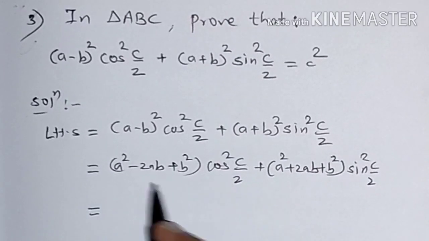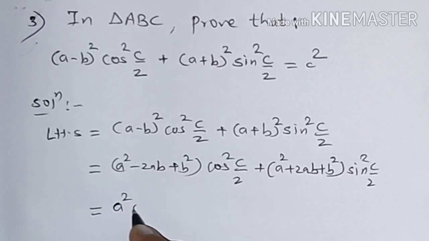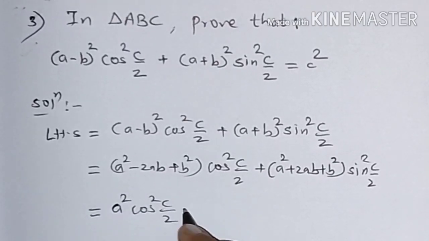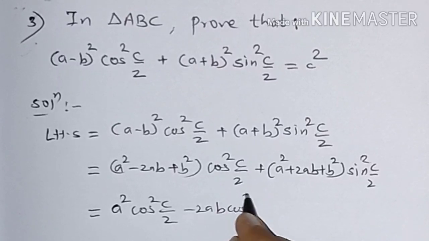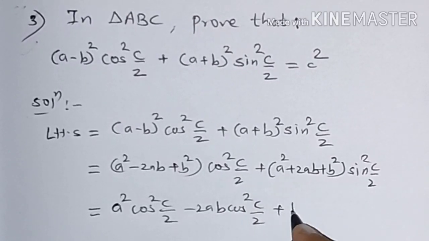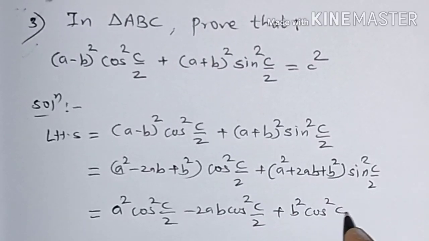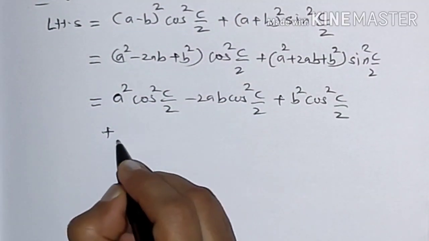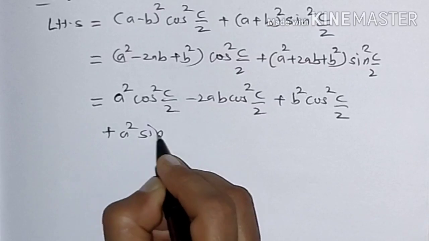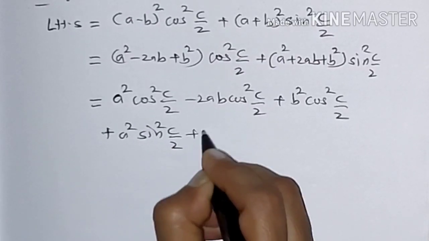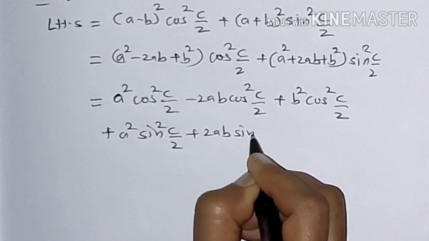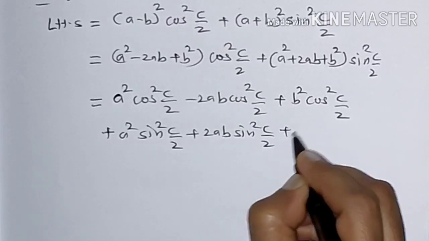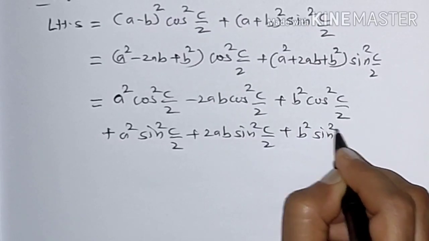Now open up these brackets. So a square into cos square C by 2 minus 2ab into cos square C by 2 plus b square into cos square C by 2. When we open the second bracket, we will get plus a square into sin square C by 2 plus 2ab into sin square C by 2 plus b square into sin square C by 2.